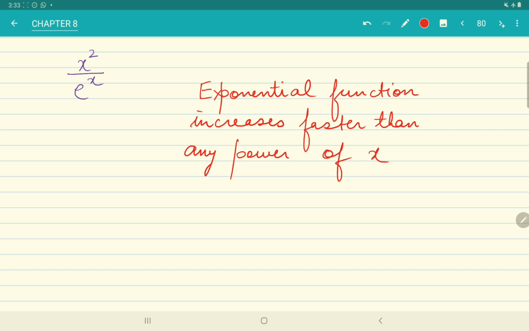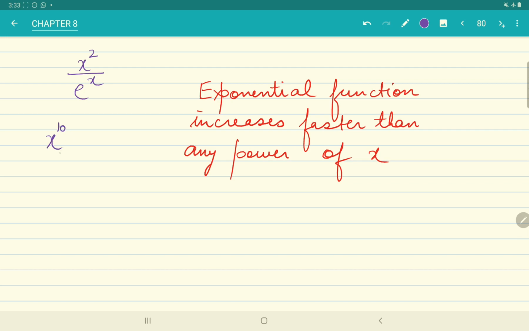In this case, as x tends to infinity, both numerator and denominator will tend to infinity, but the denominator will get to infinity at a much greater pace than x squared.